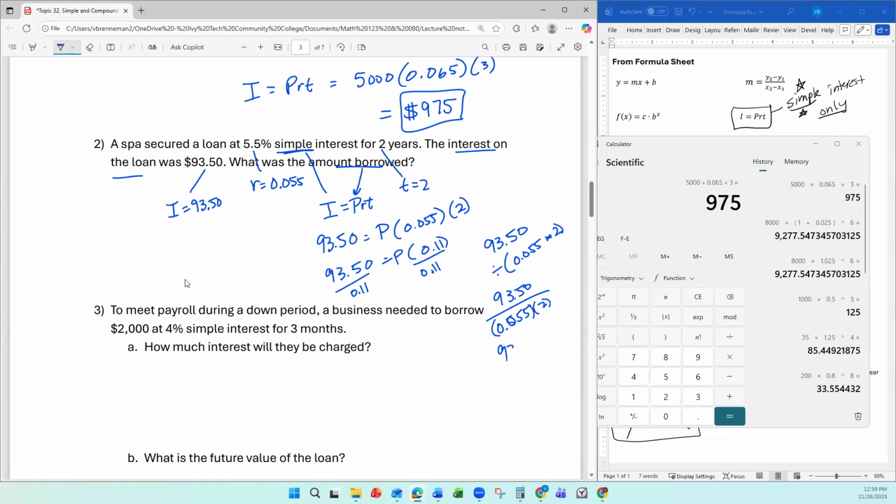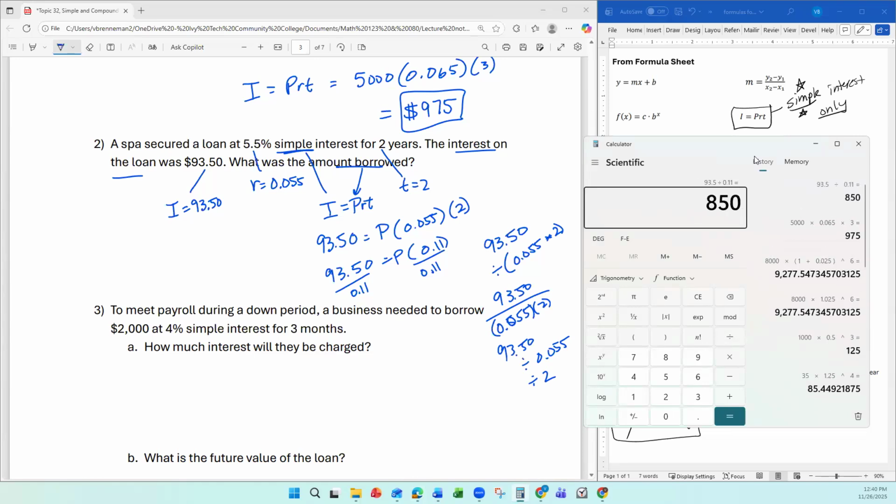You could do 93.50 divided by 0.055 and divided by 2. Just depends on the calculator you are using and how you're using it. Either way, you should get 850. So whatever calculation you're doing, if you're getting 850, probably means that that is valid and will work.